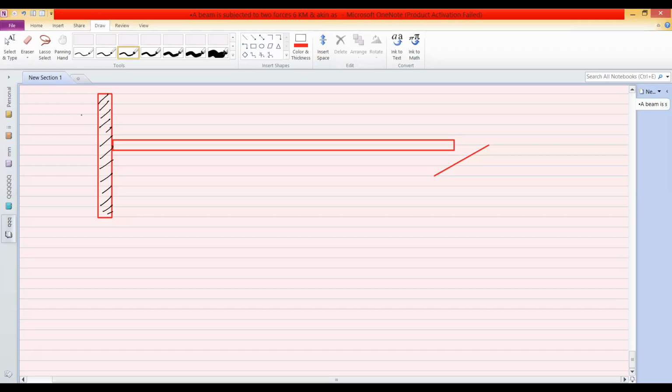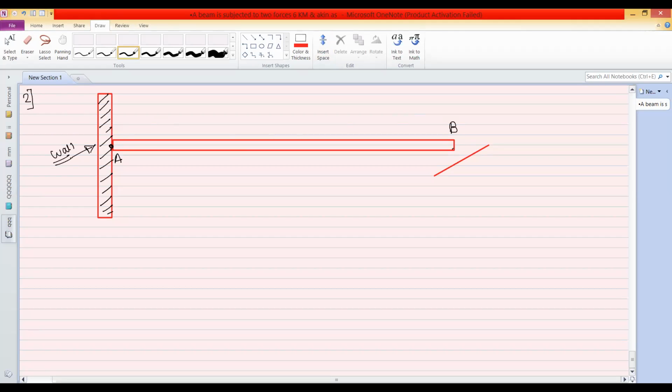Okay, this is the second problem on the equilibrium of beams. So in this problem, this is the fixed support. You can take this point as A. This is the vertical wall, and this beam AB is connected to this wall. So basically it is fixed to the wall.